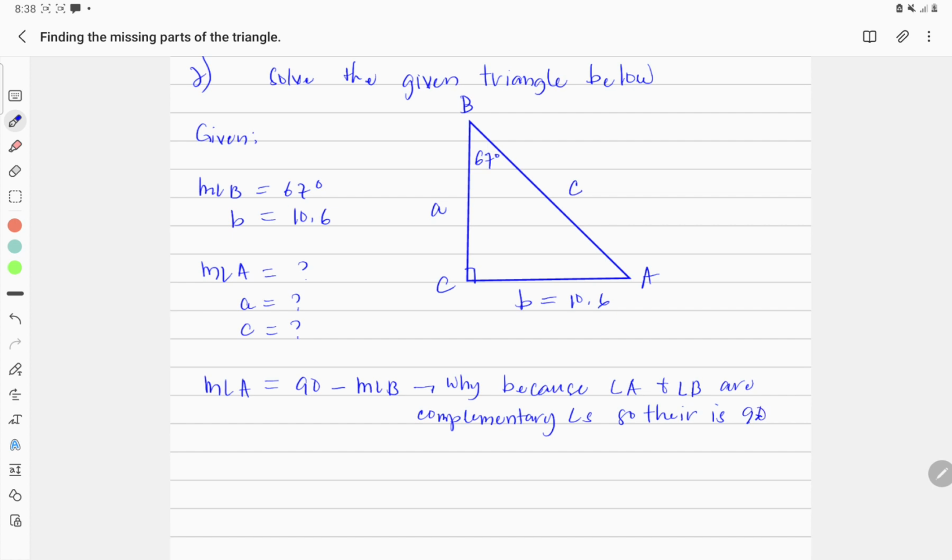Substituting, the measure of angle A is equal to 90 minus 67 degrees, then the measure of angle A is equal to 23 degrees.